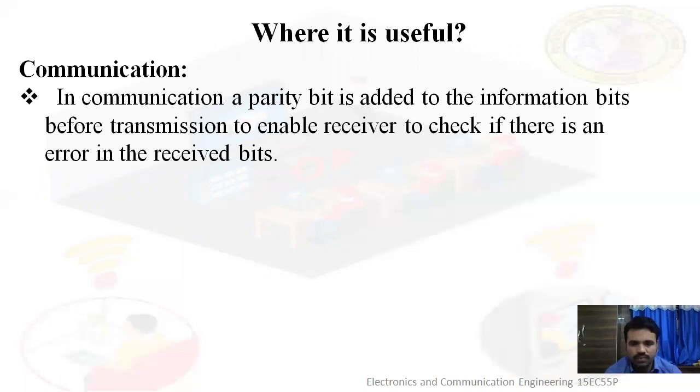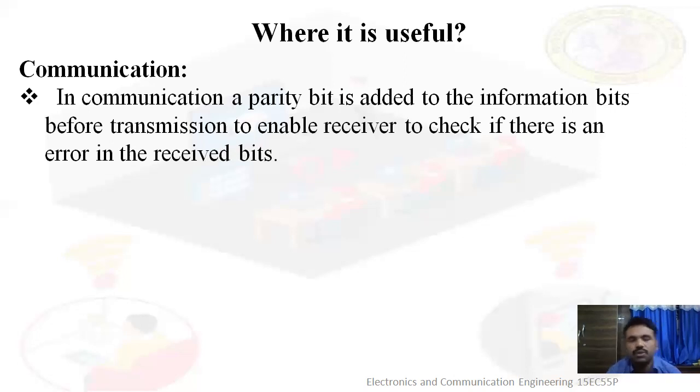Now we have written the program and we have checked it on the Keil IDE. Such programs are useful in communication. In communication, the transmitter adds a parity bit to the information bits before sending it to the receiver. This will enable the receiver to check whether the received bits are correctly received or not.